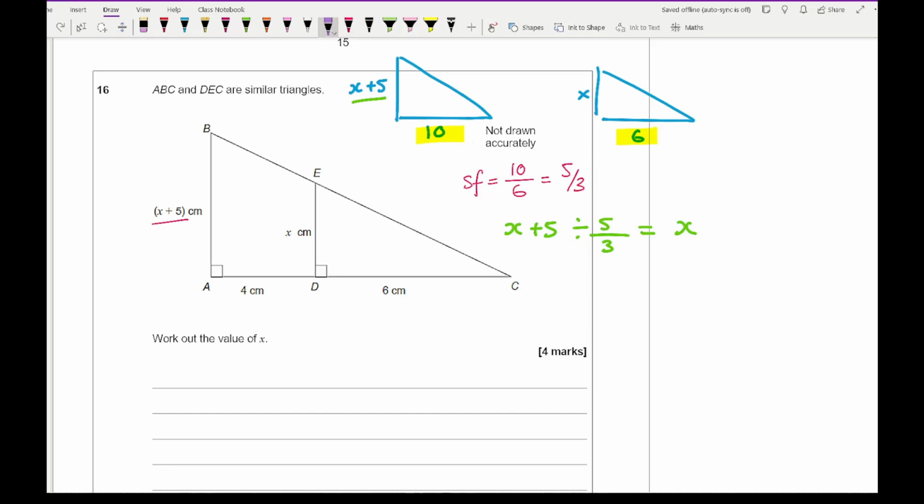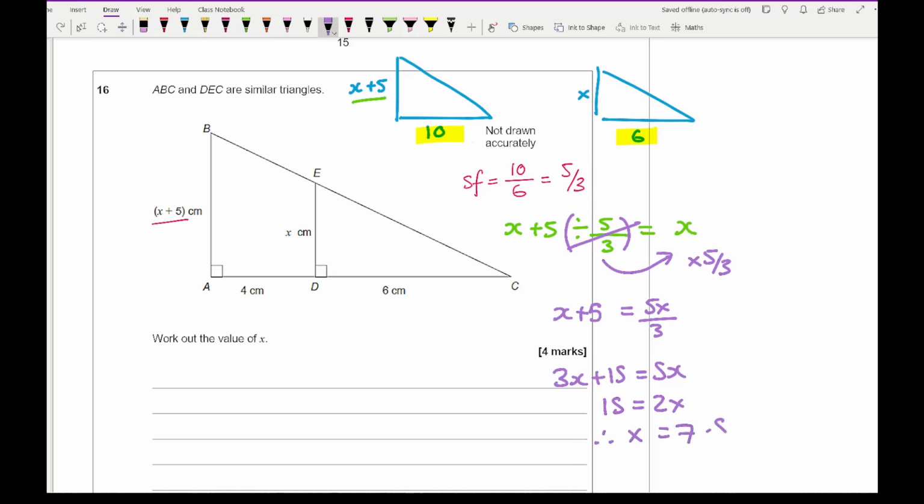Then if I take this over to the other side and multiply by 5 over 3, I'm left with x plus 5 equals 5x over 3. Take the 3 over, in which I get 3x plus 15 equals 5x. Take the 3x over, in which I get 15 equals 2x, and then I end up with x equals 7.5 centimeters.